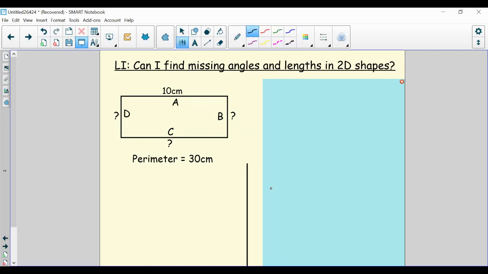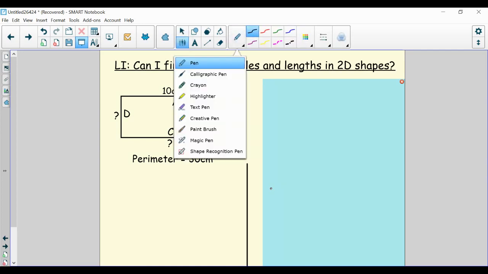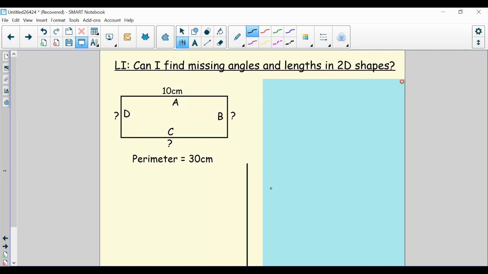So I could write that if I add all the lines, so we've got line A at the top, and then if we add line B on the side, on the right-hand side, and C at the bottom, and D on the left, the question is telling us that the answer will be 30.